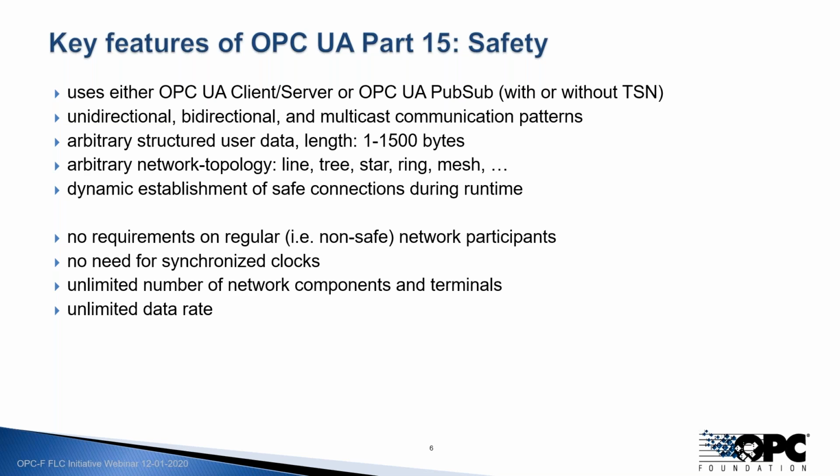A quite unique feature of OPC UA safety when compared to existing safety protocols is its ability to dynamically establish safety connections during runtime. This is, for example, important if we think about automated guided vehicles or autonomous mobile robots, which are moving within a factory from one machine to another machine, and depending on where they are located, they maybe want to establish a safe connection with the machine they are operating at.